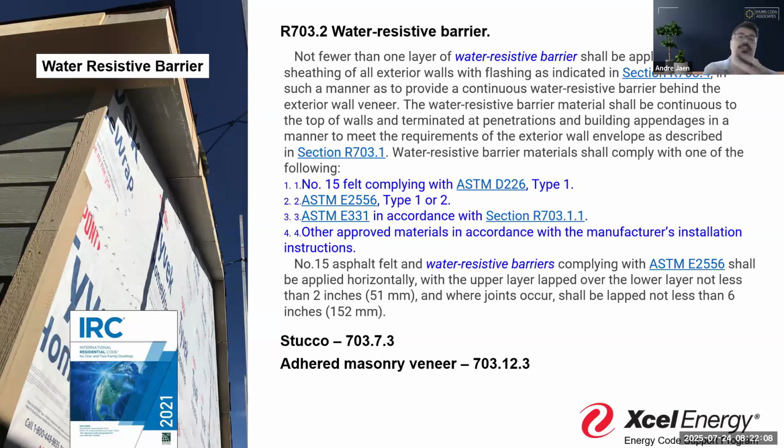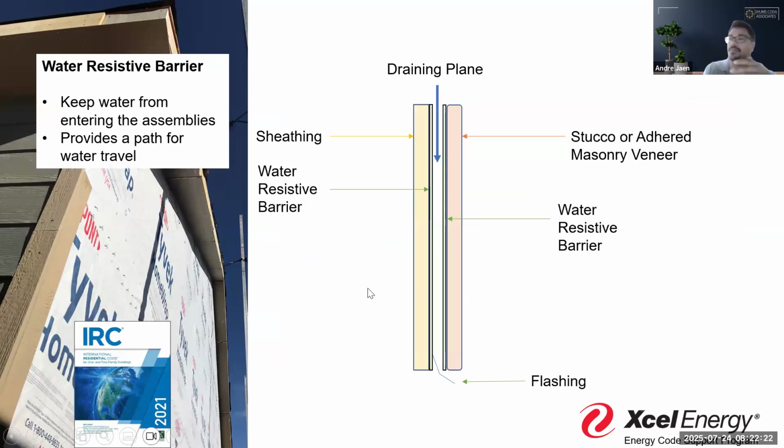And then we also get our ASTMs or our testing to be able to say, okay, these other items that some manufacturers might want to put out there and say, we can use this as a water resistive barrier. Great. You can point to those particular items and say, okay, we've got the information necessary to move that forward. Here's an example of one of those kind of two-part systems. And for this, a great resource out there is the Portland Stucco manual.